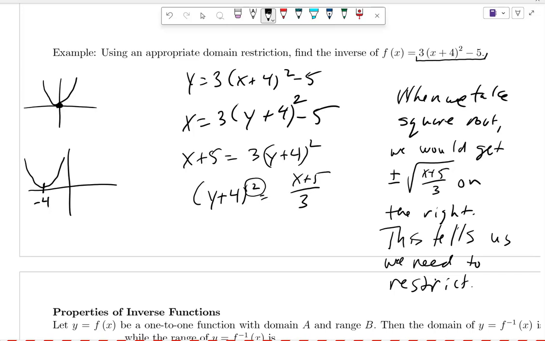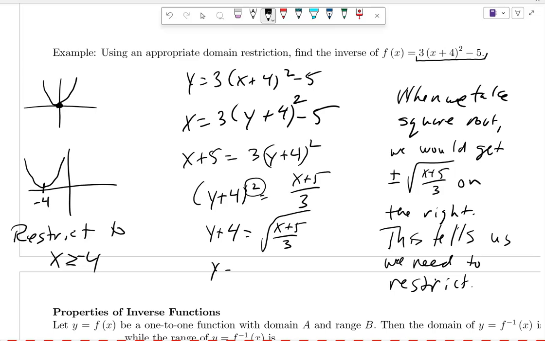So in this case, if we restrict to x being greater than or equal to -4, then our inverse function becomes y plus 4 equals positive square root of (x plus 5) over 3. And we can finish it off by subtracting 4.